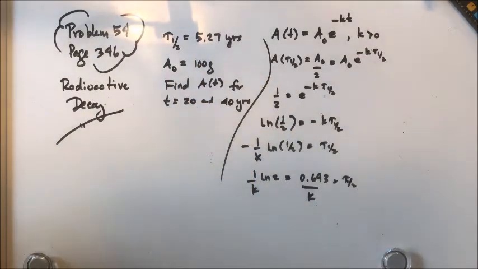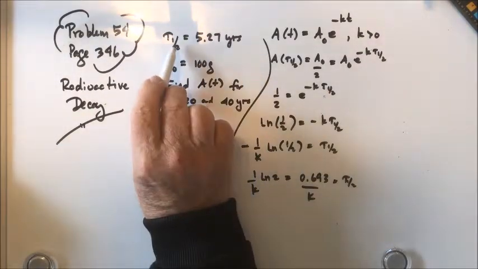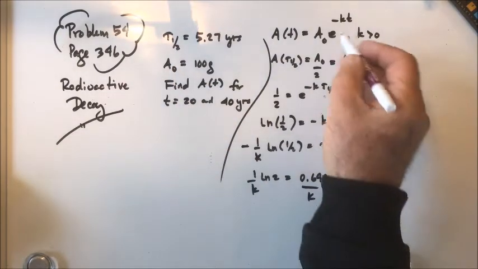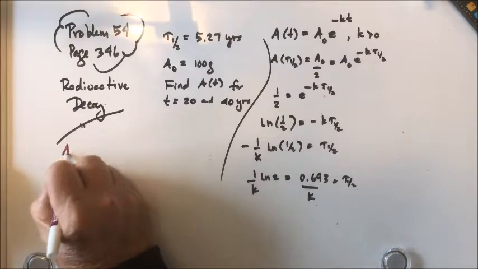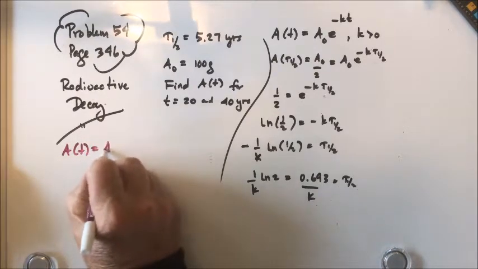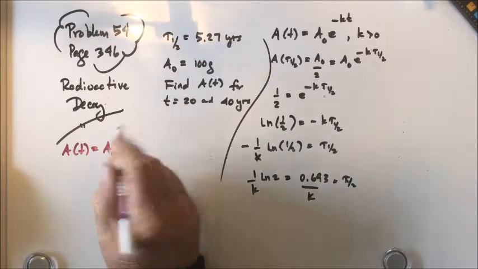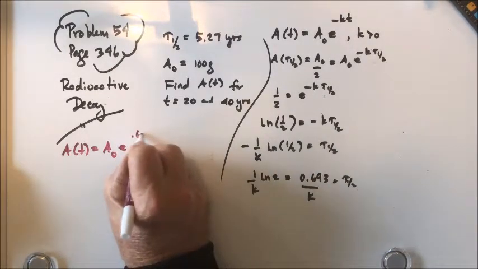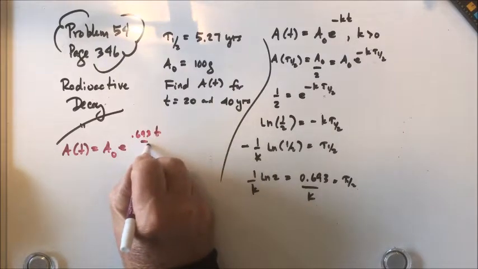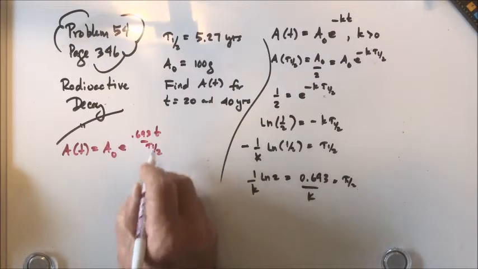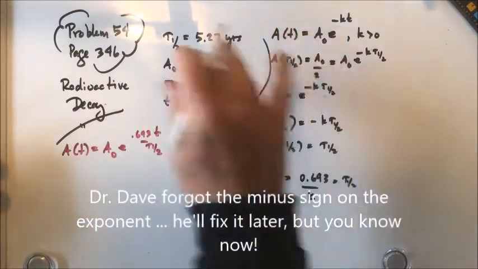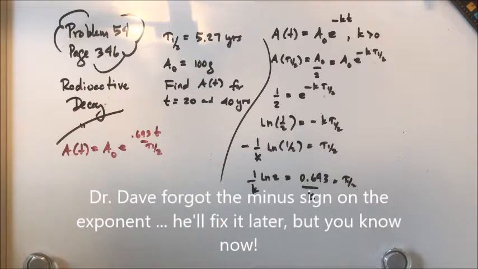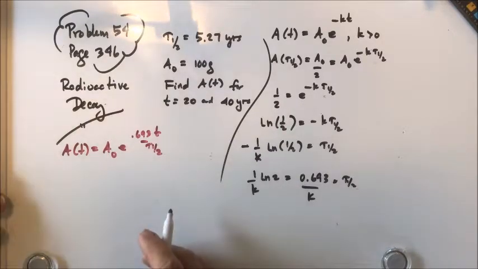Since this problem is expressed to us in terms of half-life, in this fundamental equation, A(t) equals A0 e to the minus kt, k is equal to 0.693 over tau sub 1/2. So there's the form of this equation that we should use when it's expressed to us in half-lives.